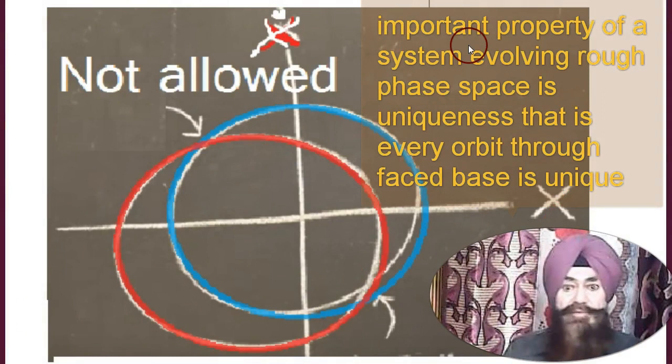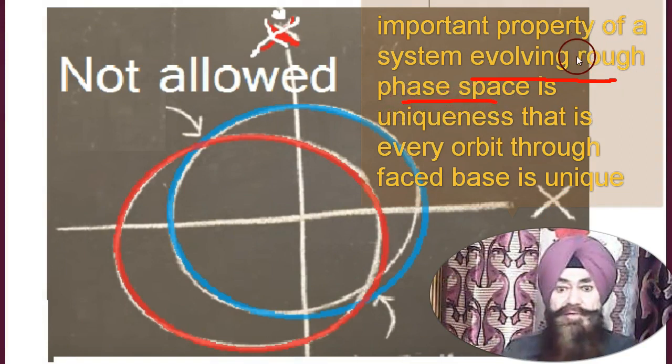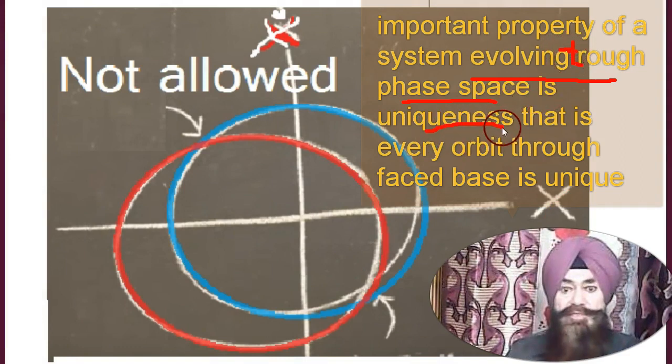So this is an important property of a system evolving through the phase space: every orbit through the phase space is unique.